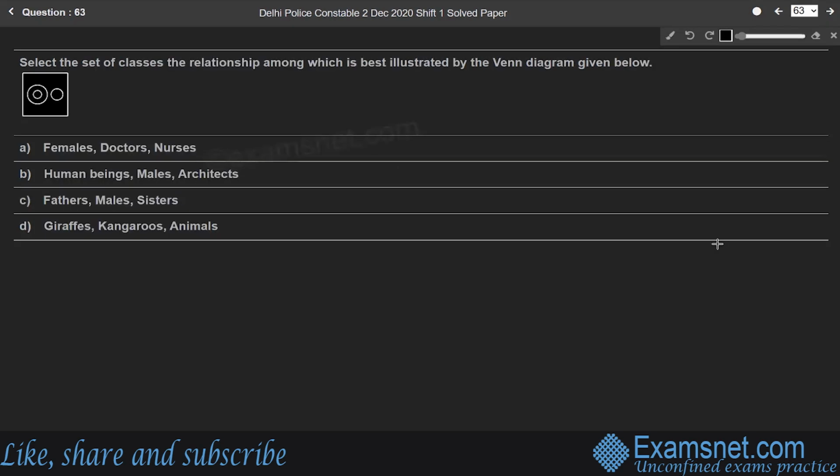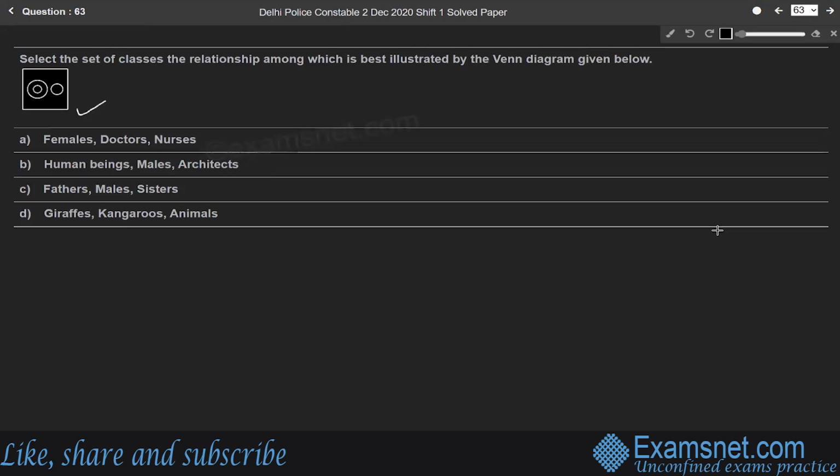Question 63. Select the set of classes, the relationship among which is best illustrated by the Venn diagram given below. The given Venn diagram is like this. Come to the set of classes: females, doctors, nurses. If there is a set of females, some are doctors, right?